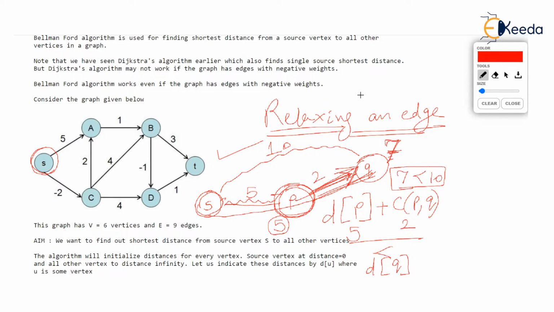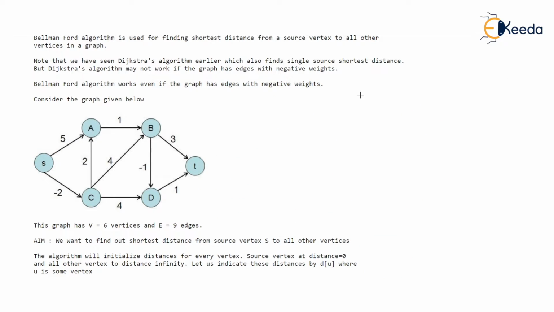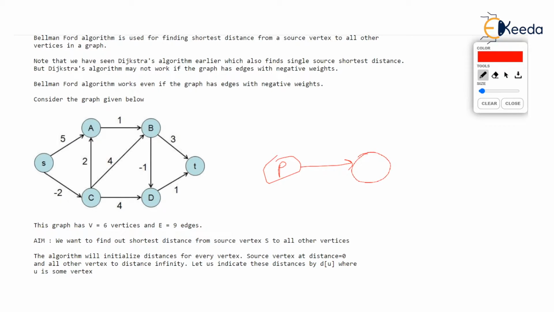So in general, relaxing an edge, let's put up a formula. Relaxing an edge between P and Q means, let us say that P is at a distance of dP, some distance like we had 5 earlier. So d means distance, and in the square bracket we write P, meaning the distance of vertex P is 5, and the cost of the edge between P and Q is 2.